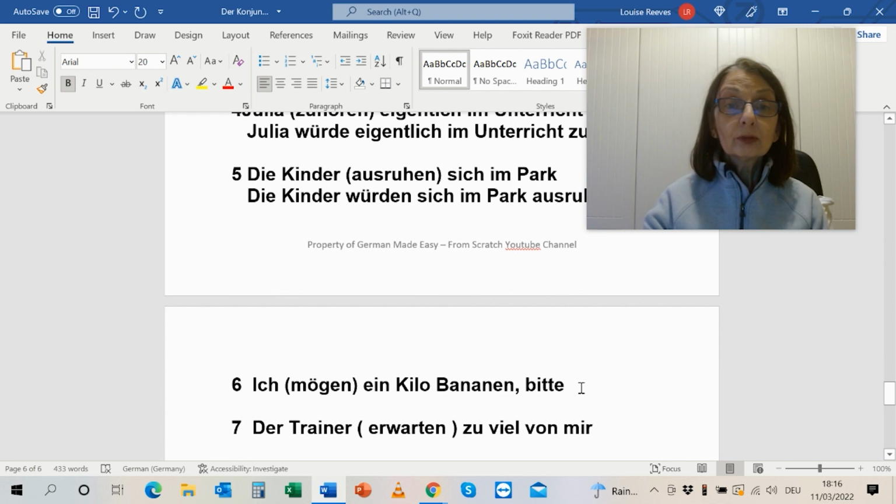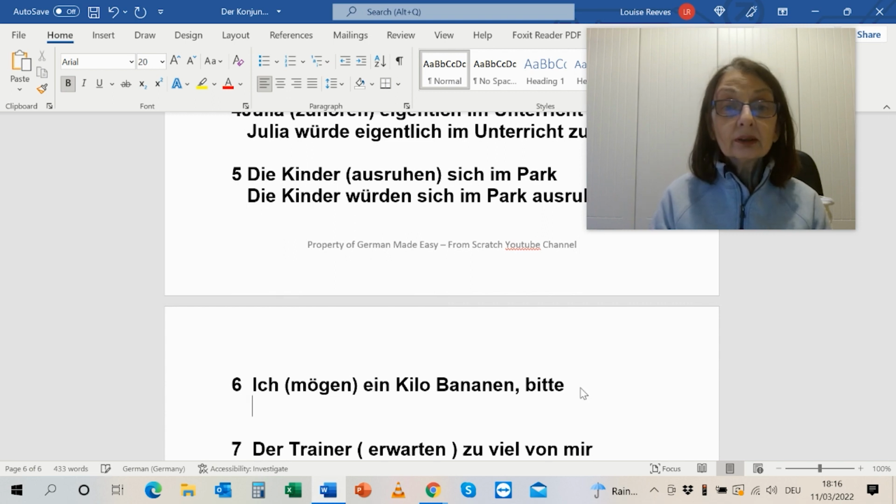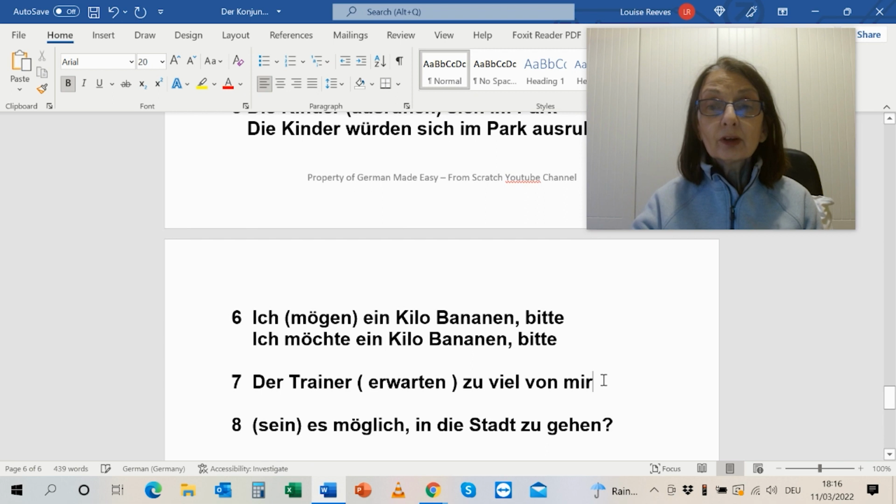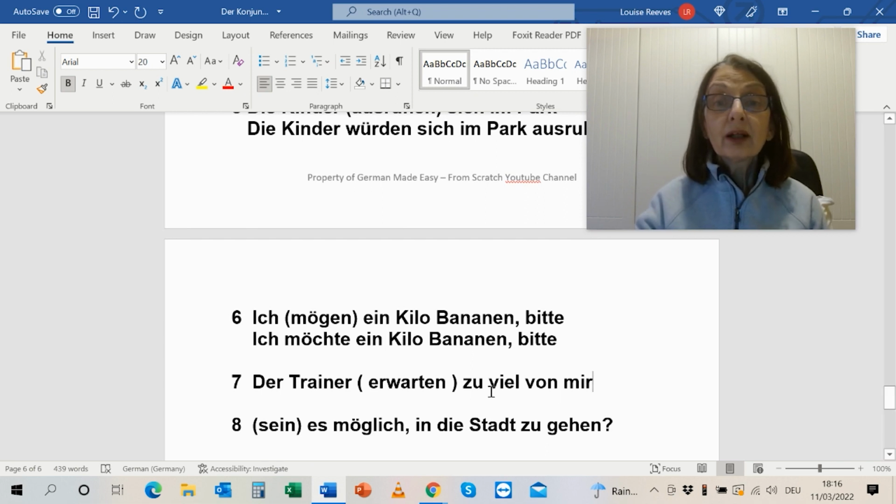Okay, dann weiter. Nummer 6. Haben wir mögen. Ich möchte 1 Kilo Bananen bitte. Möchte. Right. Dann haben wir Nummer 7. Der Trainer. Und dann haben wir ein untrennbares Verb hier erwarten. Untrennbares Verb, das bedeutet ein inseparable Verb.